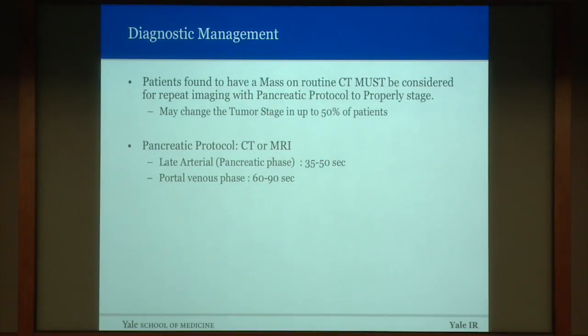So what you really need, if you suspect pancreatic cancer, or your friend says, oh, I might have pancreatic cancer, is to make sure they get a very simple term, a pancreatic protocol imaging study. So that's a protocol with different phases of contrast to make sure that we're really outlining the tumor and staging it appropriately.